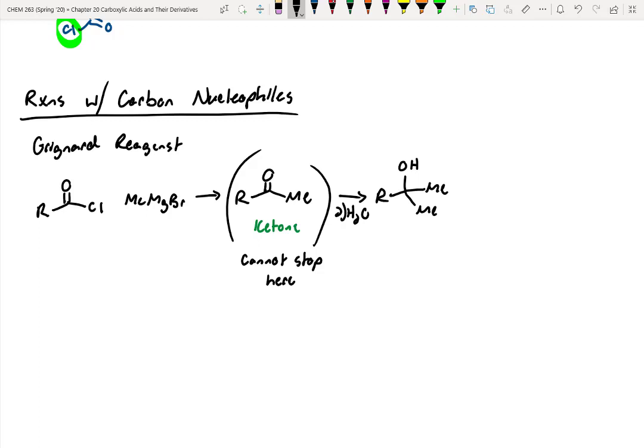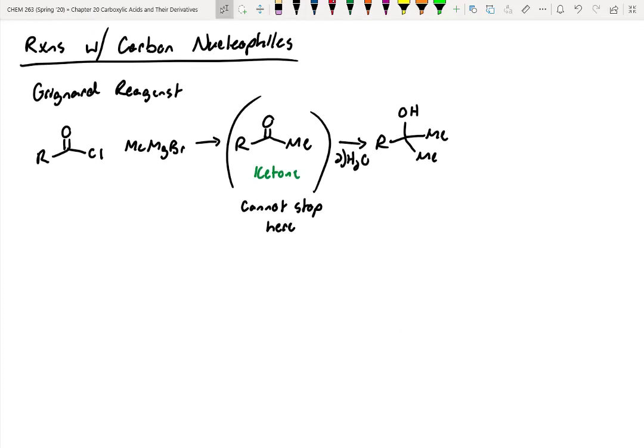So it's really hard to stop at a ketone, and just like we saw before, if we can't stop at the ketone, one trick is to use a bulkier reagent, and that's exactly what this next reagent is. It's bulkier. It's called a Gilman reagent.